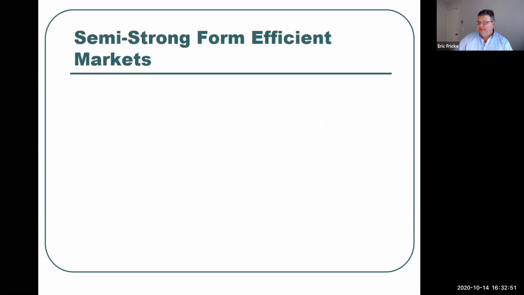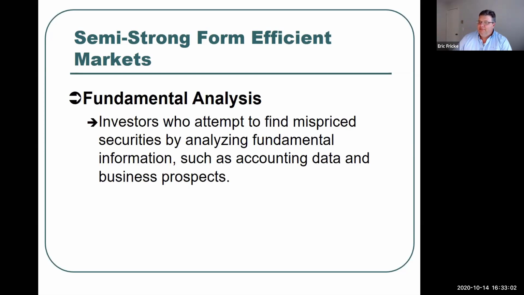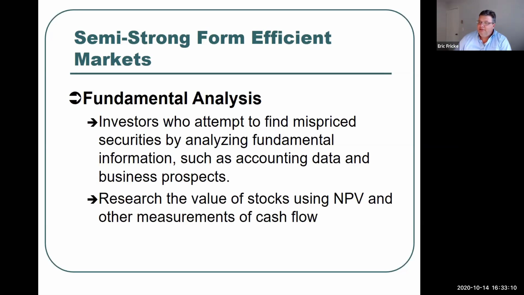Wiggle watchers. Anyhow, semi-strong form is sometimes referred to as fundamental analysis. And here investors are trying to find mispriced securities by analyzing specifically financial statements, and then they'll use a dividend discount model or other models to come up with the value of a stock and compare that to the current trading price.